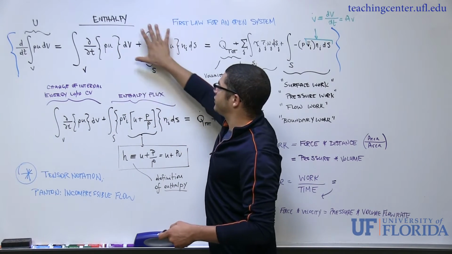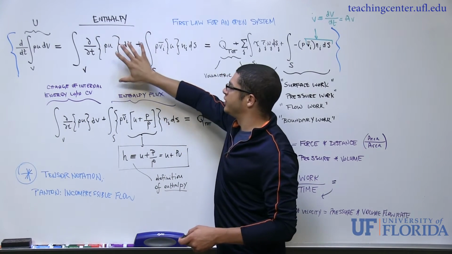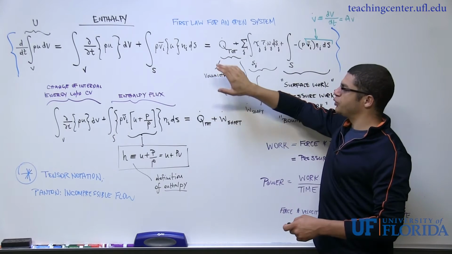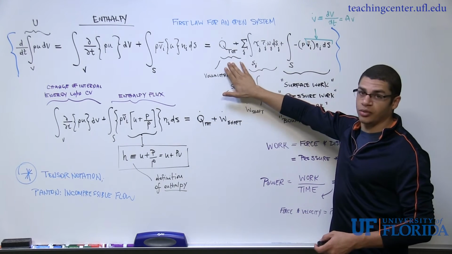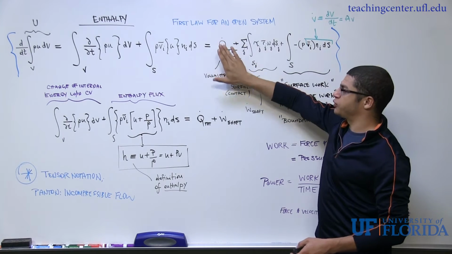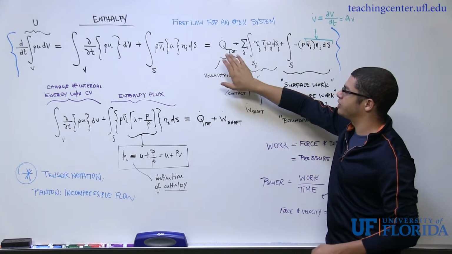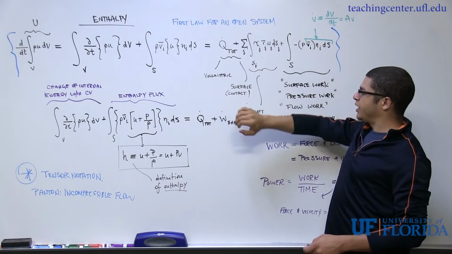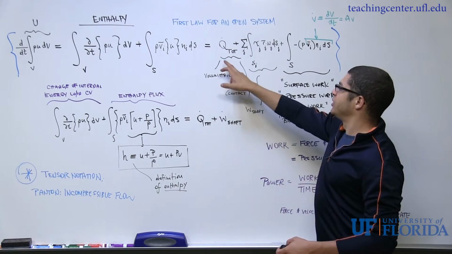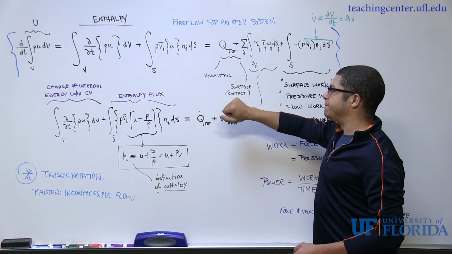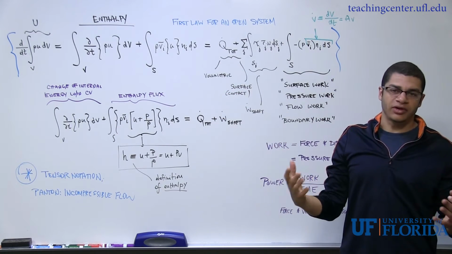Now, the second part I'm going to come to in a minute, but let's skip over. You'll see that the time rate change of internal energy is equivalent to a term that you've already seen, the heat transfer to the system. So I've written this as Q dot total. And I haven't expanded it into anything more mathematical than just this symbol here, because it could come in several different forms.